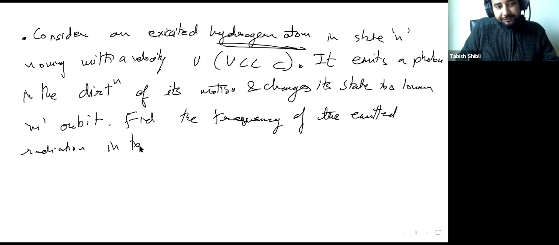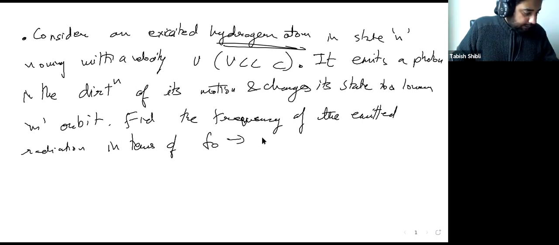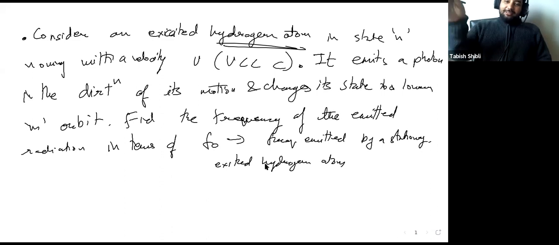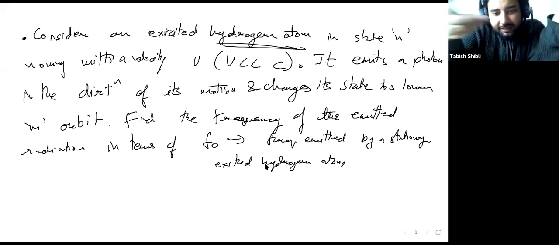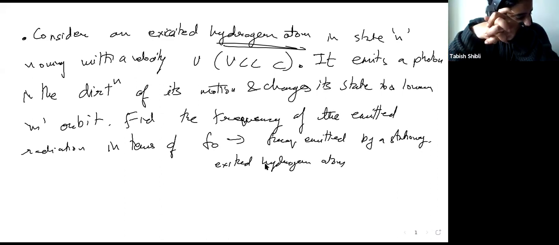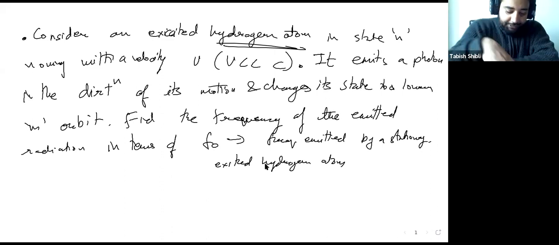Just find it in terms of f naught, where f naught is the frequency emitted by a stationary excited hydrogen atom. So f naught is for the stationary version. Just write down what it's going to be in the moving version. Again, energy conservation, momentum conservation if you want. I don't think you need it, but sure. Go ahead.